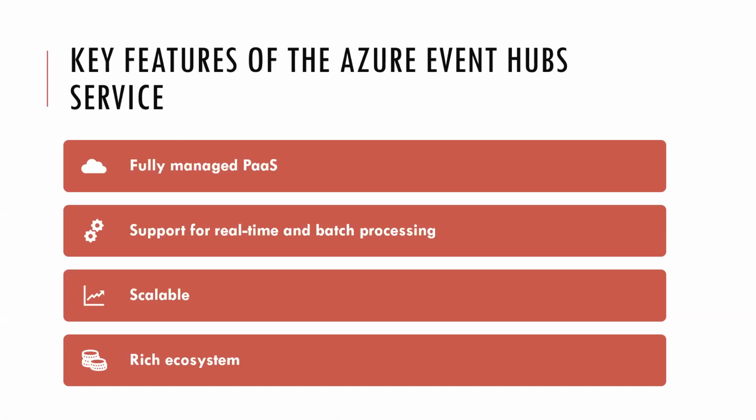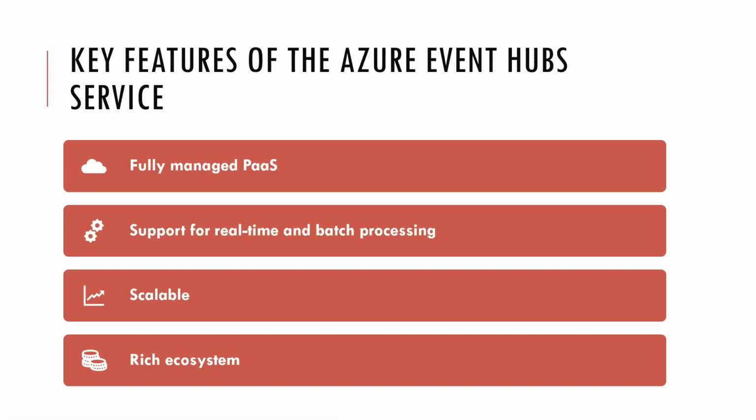Support for real-time and batch processing. Ingest, buffer, store, and process your stream in real time to get actionable insights. Event Hubs uses a partition consumer model, enabling multiple applications to process the stream concurrently and letting you control the speed of processing.